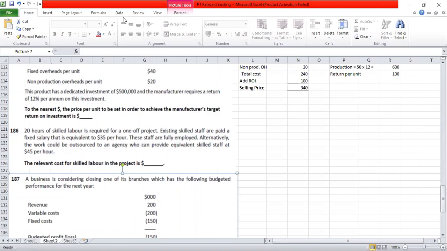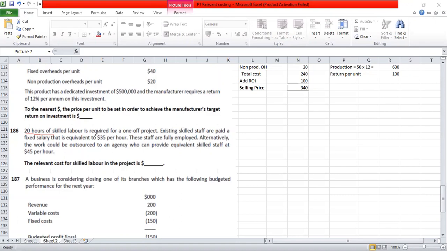The requirement is for 20 hours of skilled labor. Existing skilled staff are paid at the rate of 35. But is that relevant for decision making? These staff are fully employed.